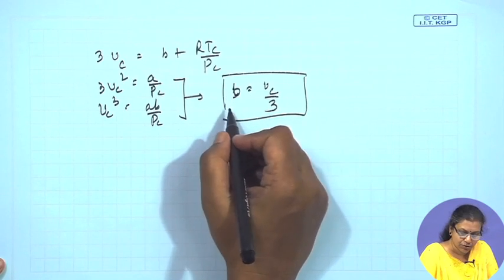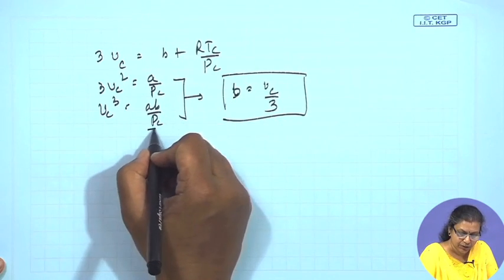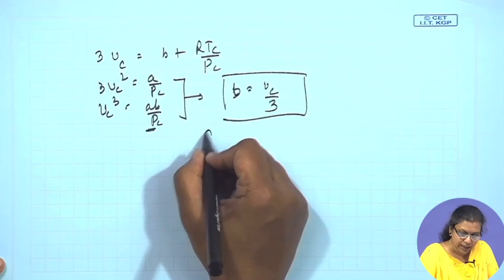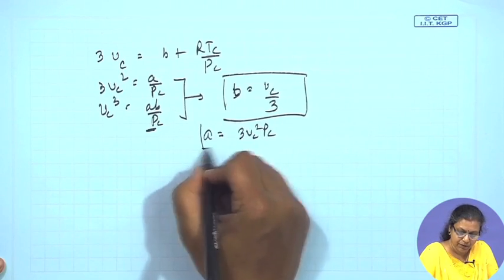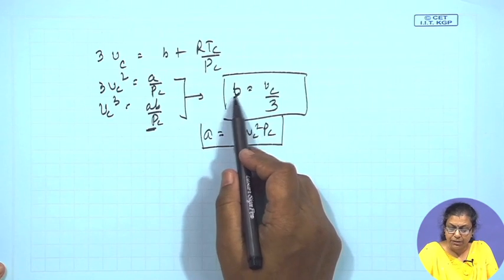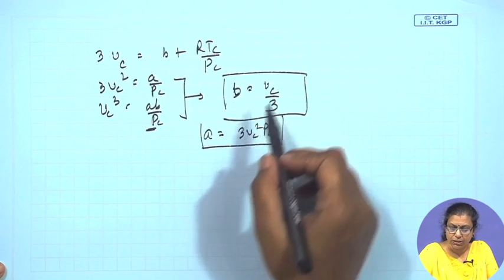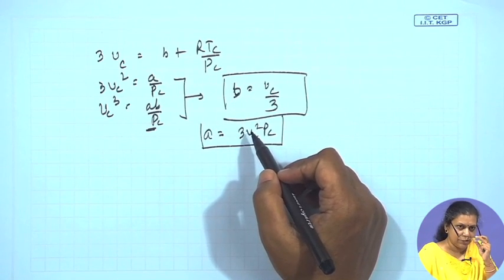And if we substitute this particular equation in this term, then what do we get? We get A equals 3Vc square into Pc, right. So, we have expressed A and B in terms of critical constants, but both of them contain Vc. Again I repeat, temperature and pressure can be measured much more easily and accurately, and more easily regulated.